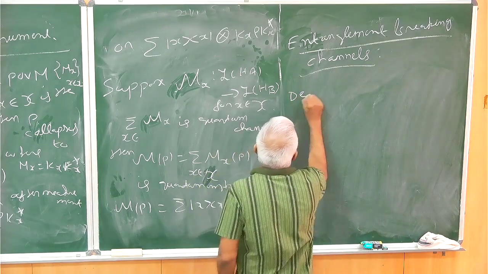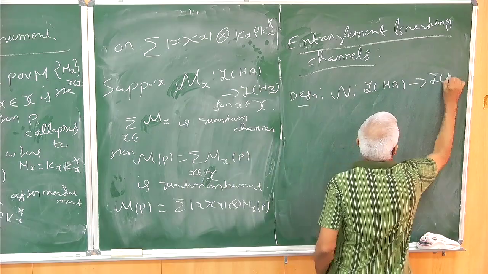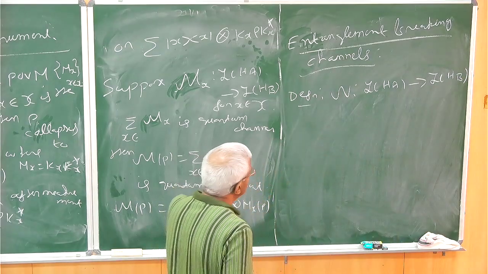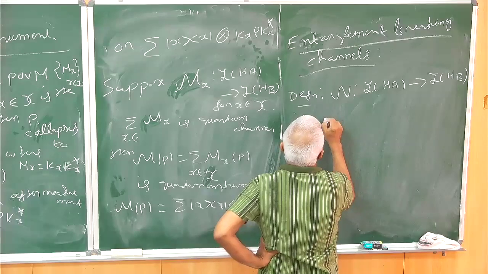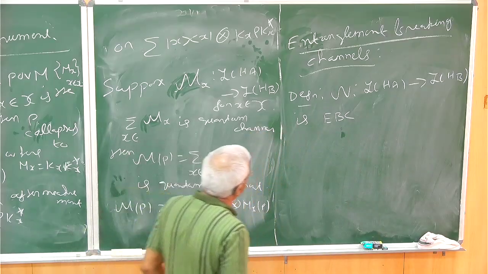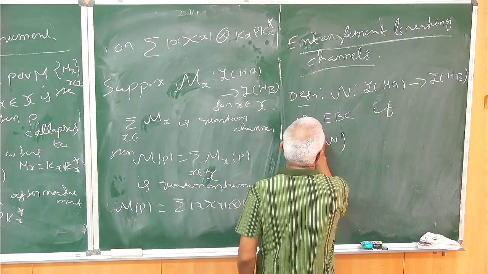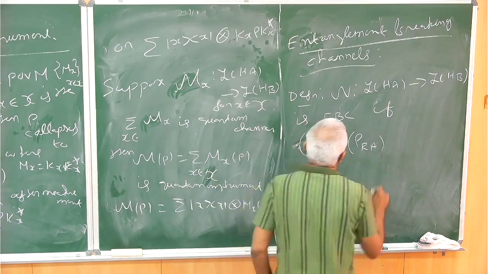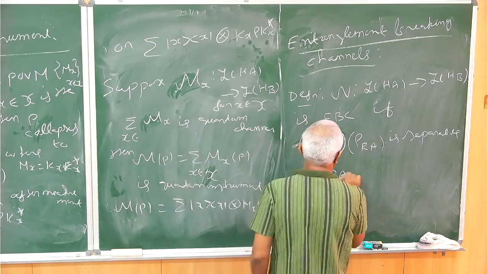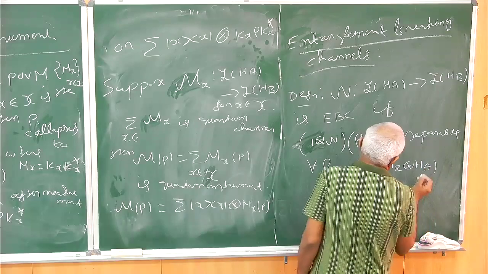So, definition: N from L of HA to L of HB is said to be an entanglement breaking channel, I use EBC for this, if 1 tensor N of rho_RA is separable for all rho_RA in L of HR tensor HA, for all HR.